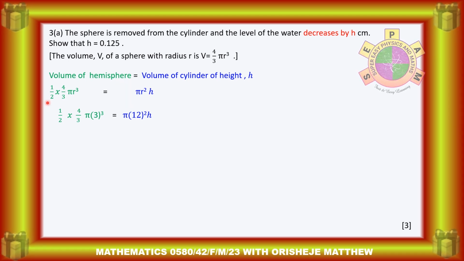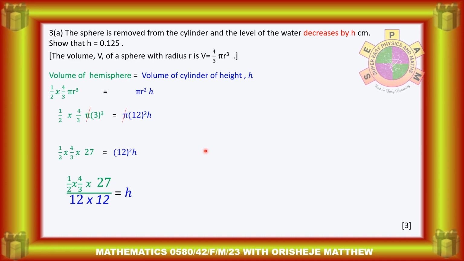So what is the radius of the sphere? 3. And then what is the radius of the cylinder? 12. So simplify, but before we simplify, let's cancel out the pi. So we are left with that, and we can now make h the subject of the formula.